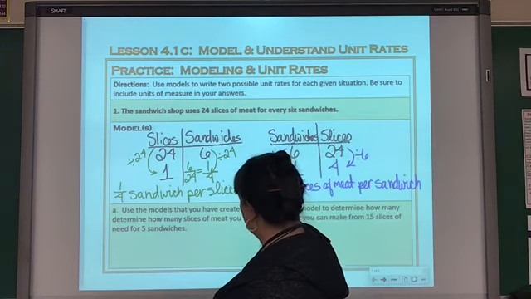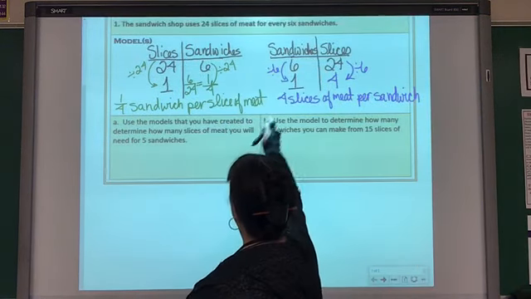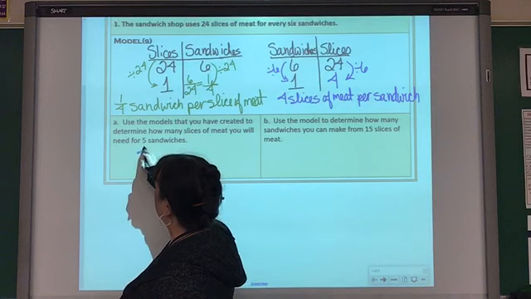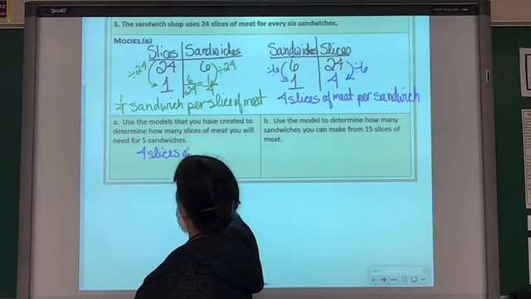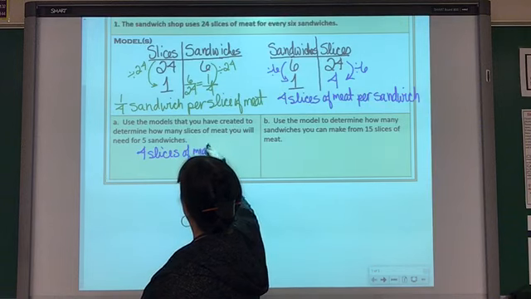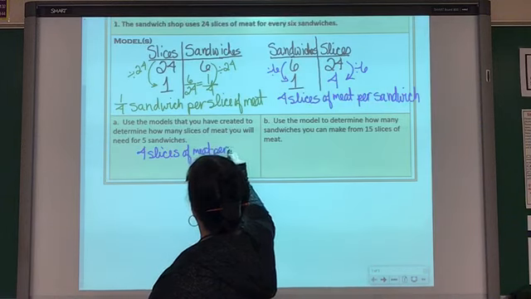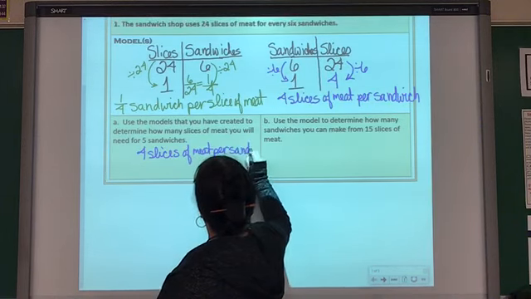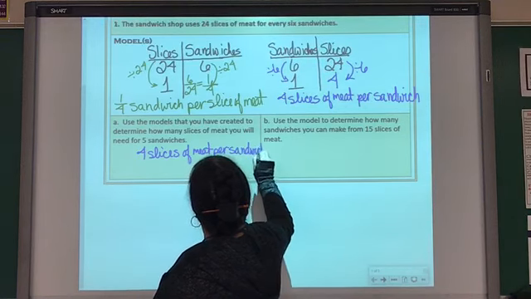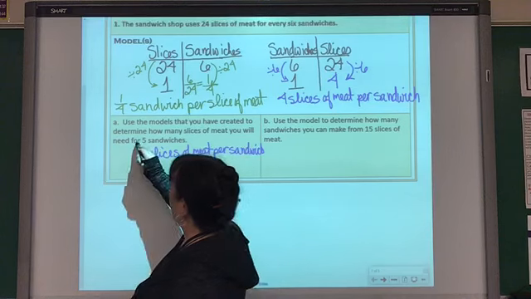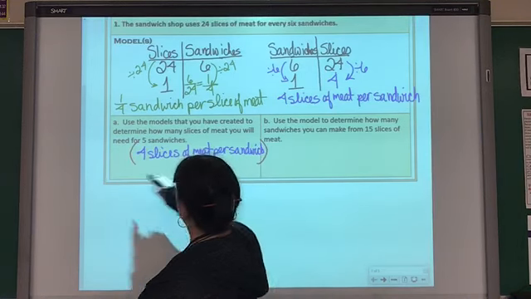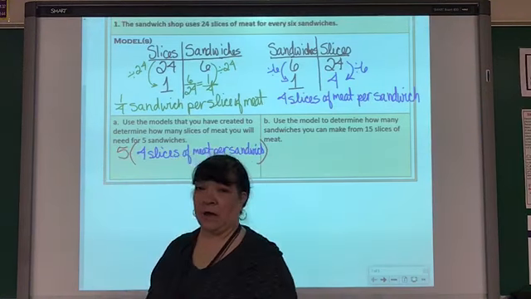So to make this really, really simple, I take my ratio of 4 slices of meat per sandwich. And since I want 5 sandwiches, I can just multiply all of this by 5.